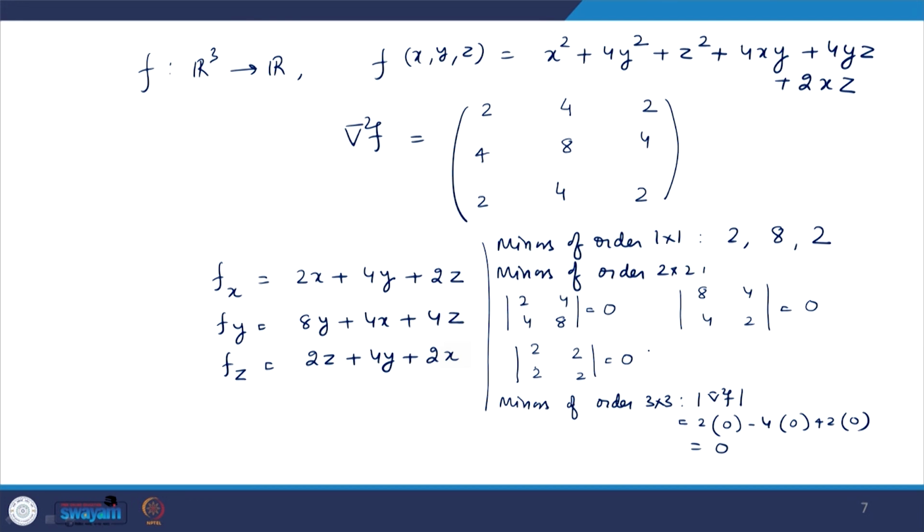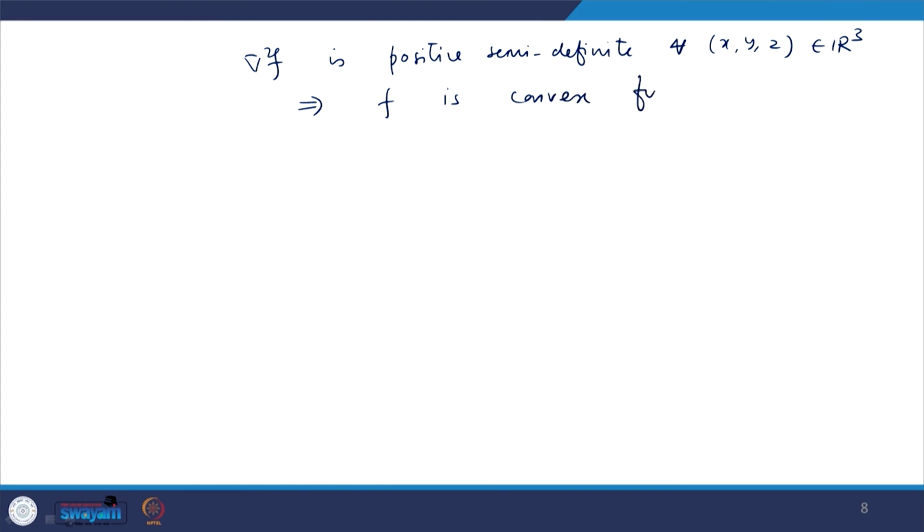This implies the Hessian matrix of f is positive semi definite for every x, y, z belongs to R3. And by that theorem of convexity, we can say that f is a convex function on R3.